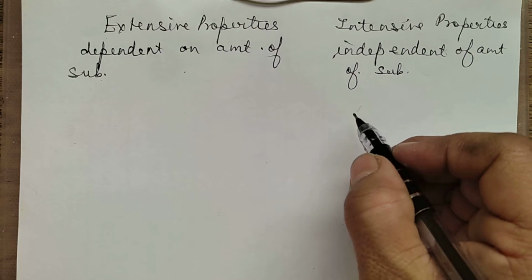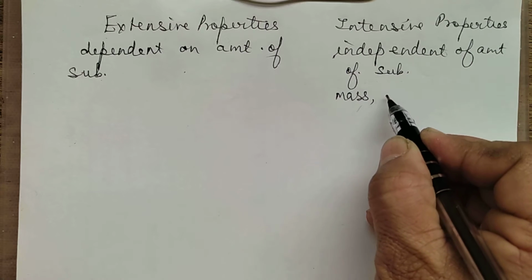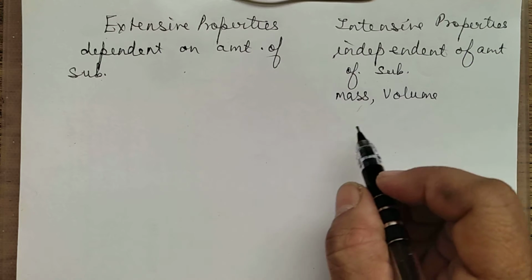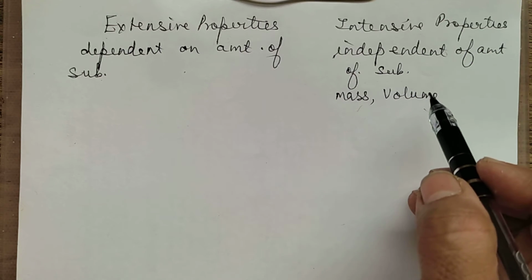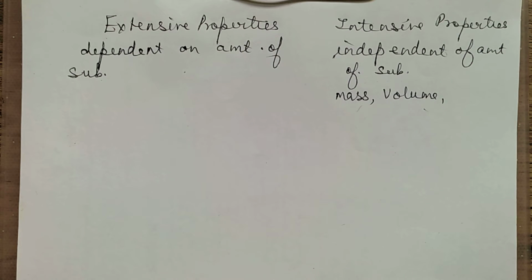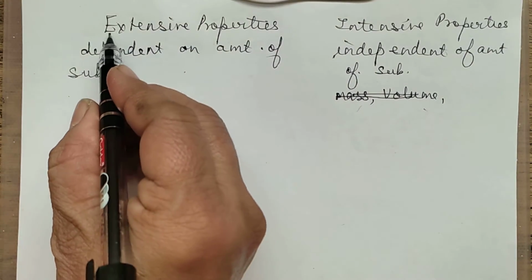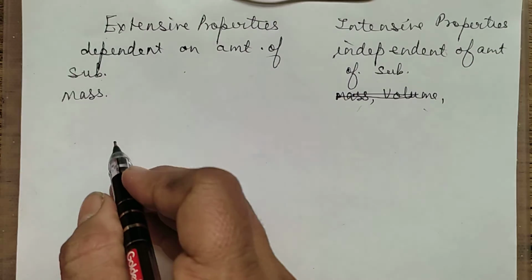For example, you can have mass, volume. You take a little amount, you add some more to it, the property is increasing. I'm sorry, I had written the reverse thing, this should not be written here, this will be here. So in extensive properties you'll have mass: as you add, the mass is increasing.